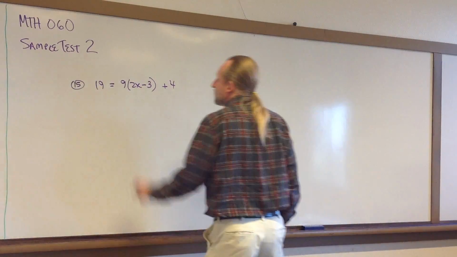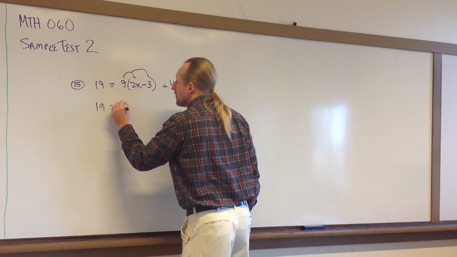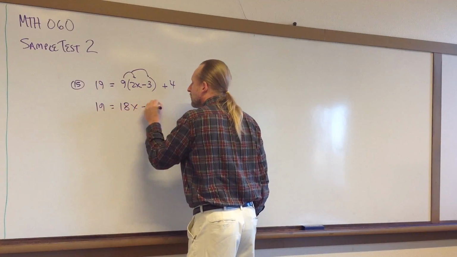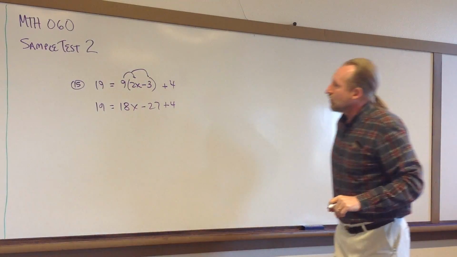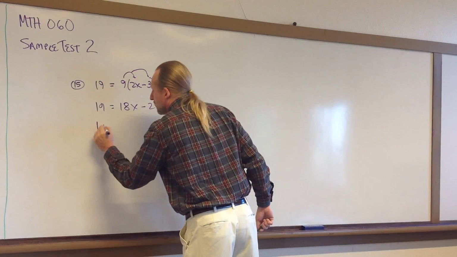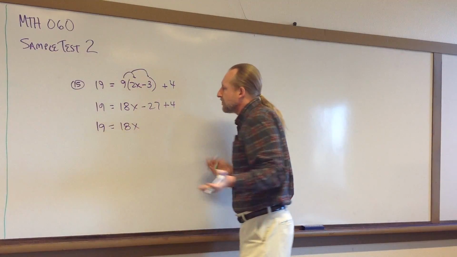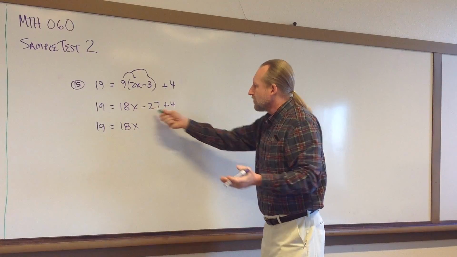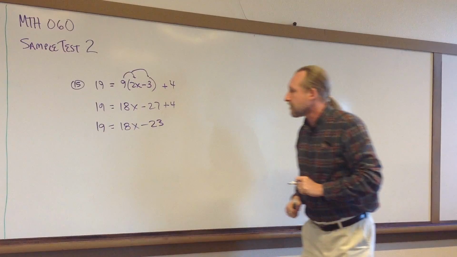Okay, well, we have to distribute this 9 into the parentheses. So that'll give us 18x minus 27 plus 4. So we can put this minus 27 and plus 4 together because they're on the same side. So all we have to do is calculate, okay? Negative 27 and positive 4 should make negative 23.